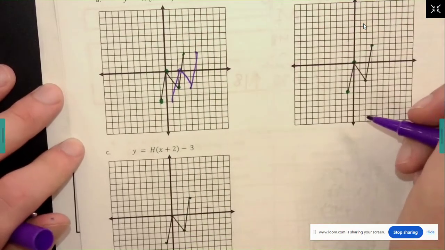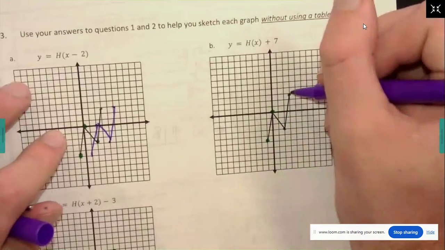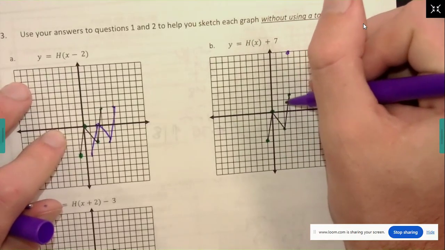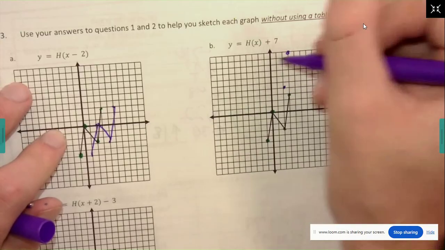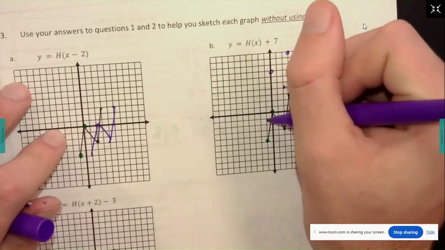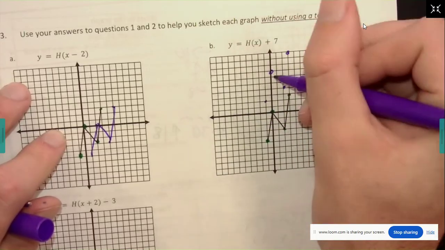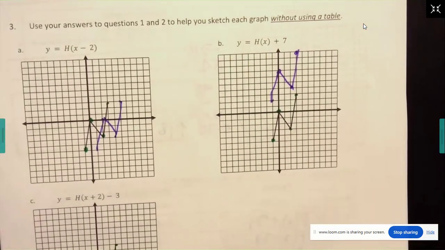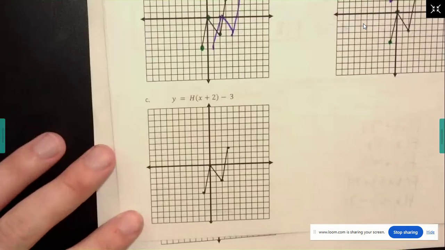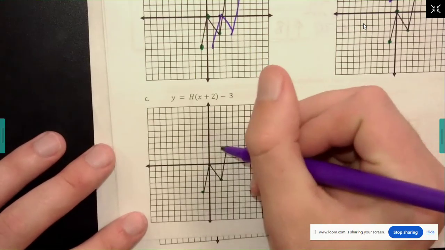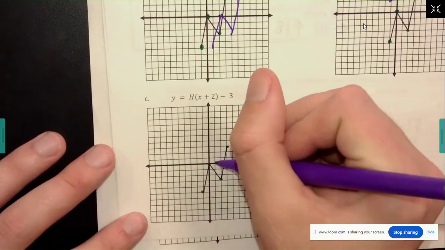For this one, it said up 7. So I'm here, 1, 2, 3, here, here, and there. Right? I took every point and moved it up 7. For this one, we said we're moving it left 2 and down 3. So I go left 2, down 3 for all these points.